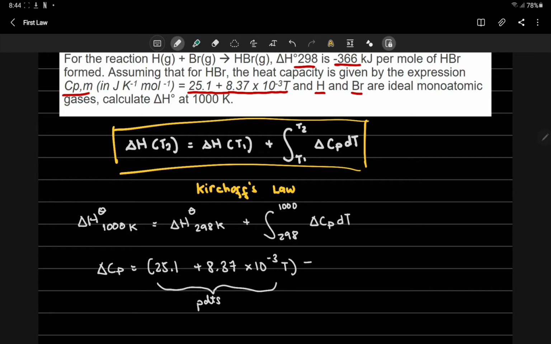Okay. Now, sinabi kasi sa problem na yung H tsaka yung Br, which are your reactants, these are ideal monoatomic gases. So, if they are monoatomic gases and they are perfect gases, alam natin na ang Cp will be equal to 5/2 R. So 5/2 R for hydrogen and another 5/2 R for bromine.